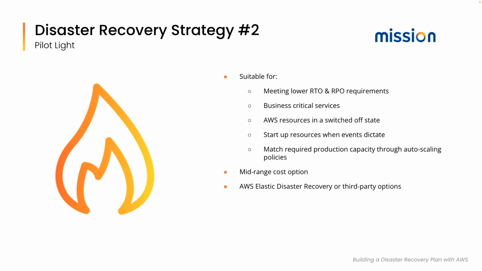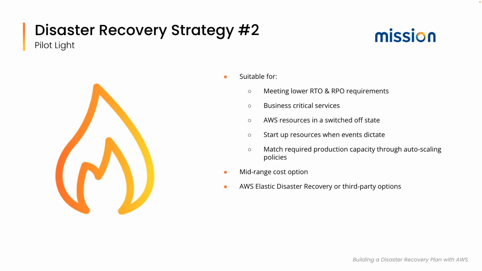your primary region. With the pilot light approach, you replicate your data from one region to another and provision a copy of your core workload infrastructure in the secondary region. The resources required to support this data replication and backup, such as databases and object storage, are always on.